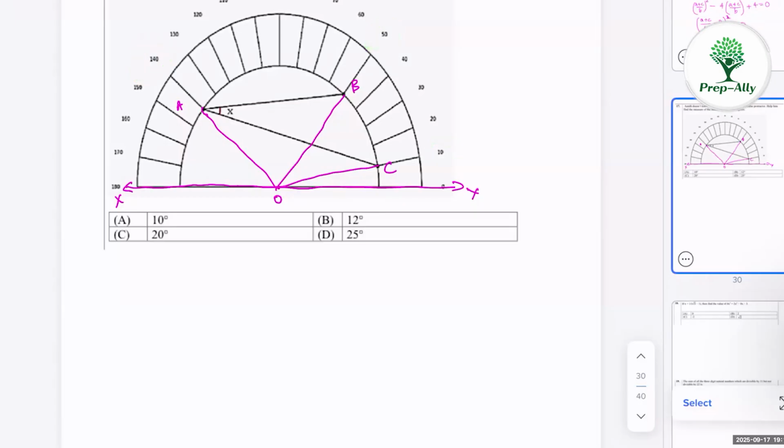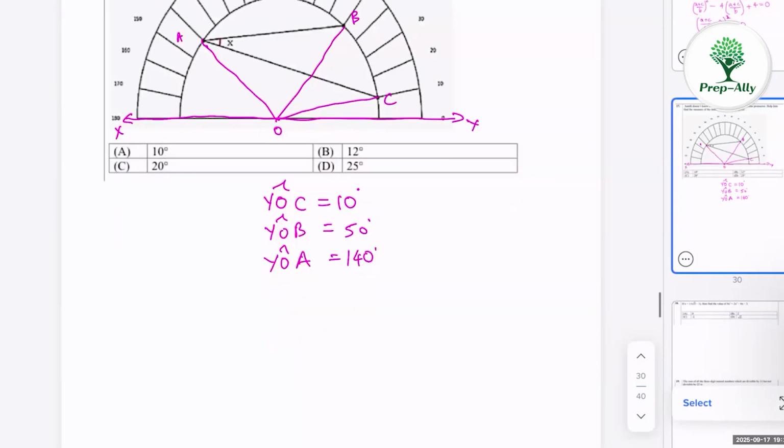Let's write that down. We have YOC equals 10 degrees, YOB equals 50 degrees and YOA equals 140 degrees.